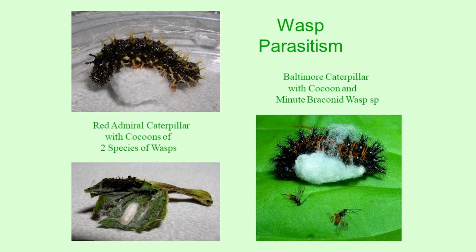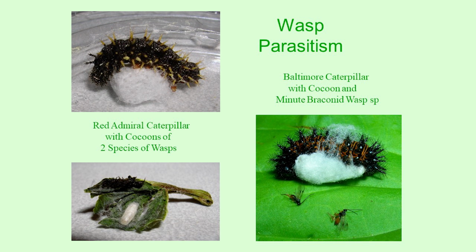And then there is wasp parasitism, not the big ichneumon wasps, but a whole bunch of smaller wasps called braconid wasps. For example, at the top left, the white fuzzy stuff is cocoons of braconid wasps that parasitized this red admiral caterpillar.